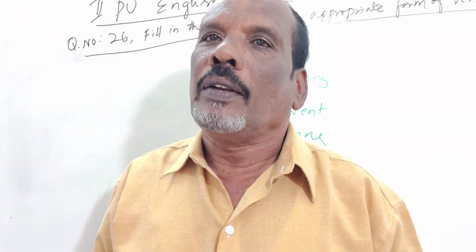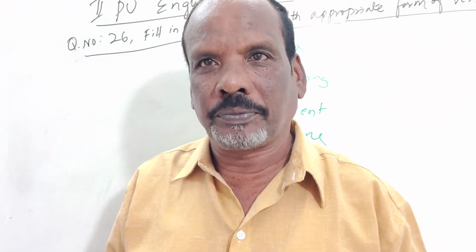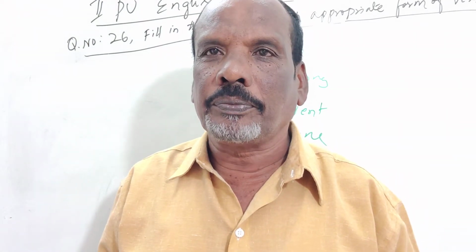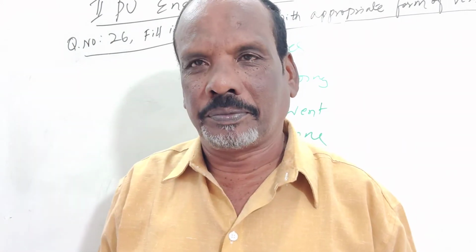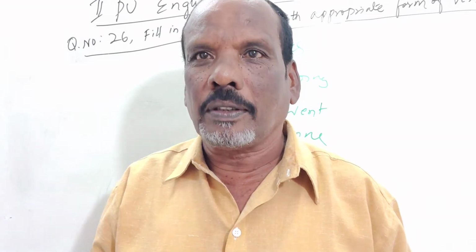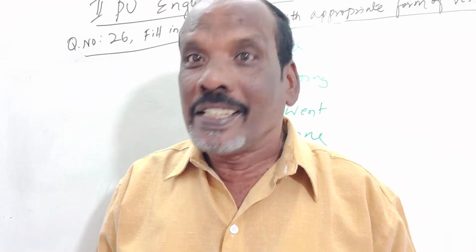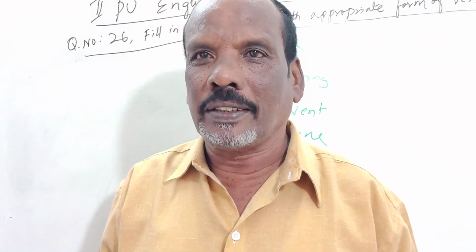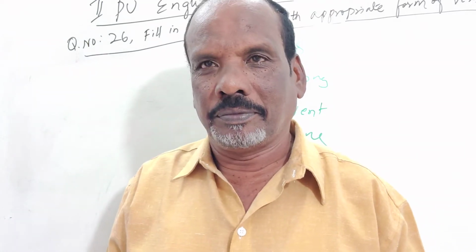Okay. Now, what is active voice and what is passive voice? In active voice, we give importance to the subject. Subject is active. For example, Rama killed Ravana. Here, Rama is the subject and we speak about what Rama has done.